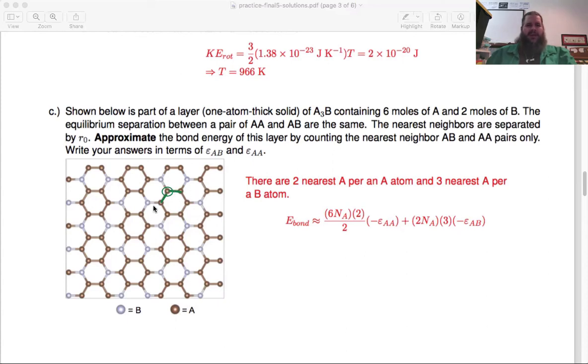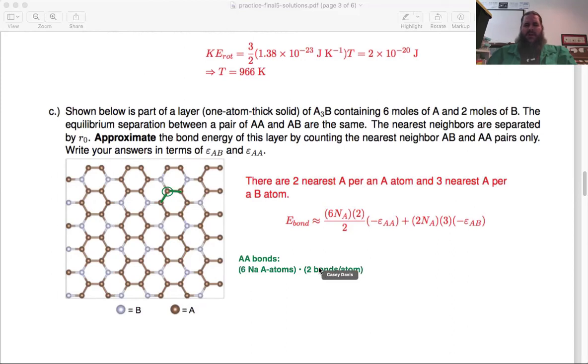And how many type A atoms are there? According to the paragraph above, yeah, 6 moles. We have 6 times Avogadro's number of type A atoms, and each one of them has 2 bonds of this type.